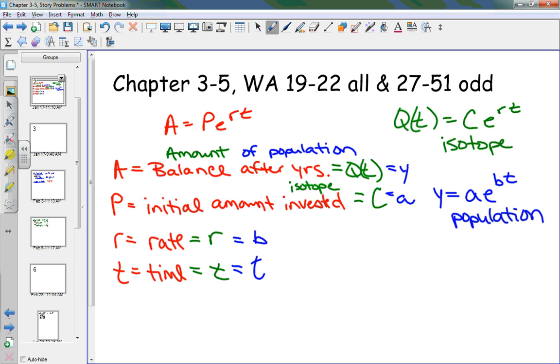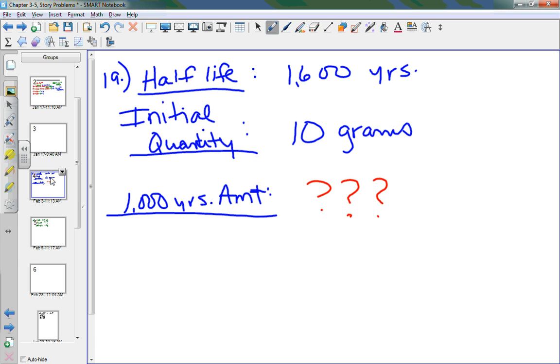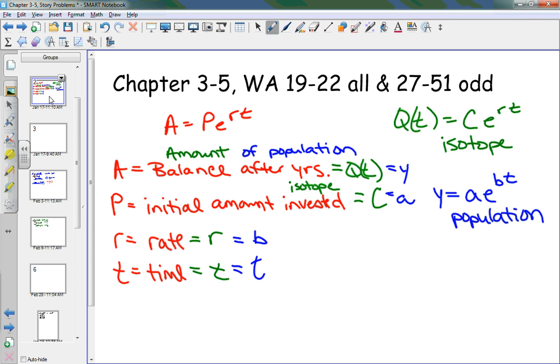Okay, page 225, folks. Oh, hold up. Whoa. Slow down, they can't pick up what you're trying to.